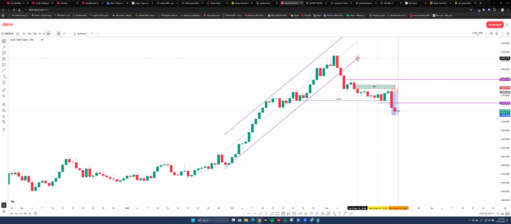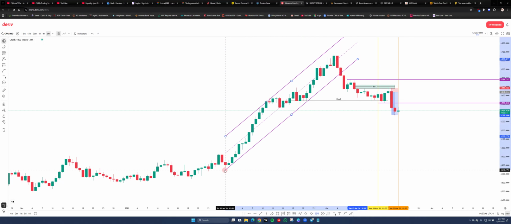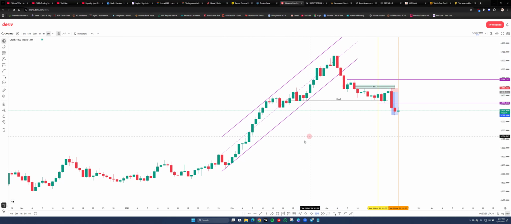The market was bullish all the way from here, and then at some point it became bearish. So we wanted to see the last low. This was the high. We had a high here, we had a high here.